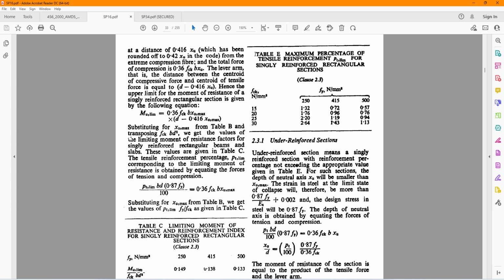So table E, maximum percentage of tensile reinforcement PT limit for singly reinforced sections. So you have grade of concrete M25 and grade of steel 500, for which limiting percentage of steel is 0.94.